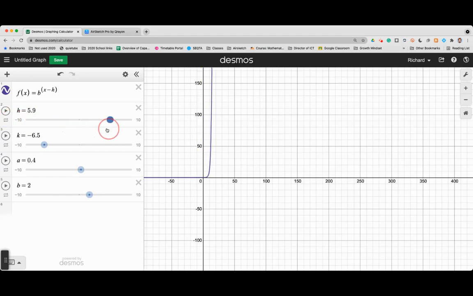It's not stretching towards the y-axis, it's actually just moving. The whole graph is moving to the left or to the right. So if H is positive, it moves to the right. If H is negative, it moves to the left. So it's a horizontal translation.